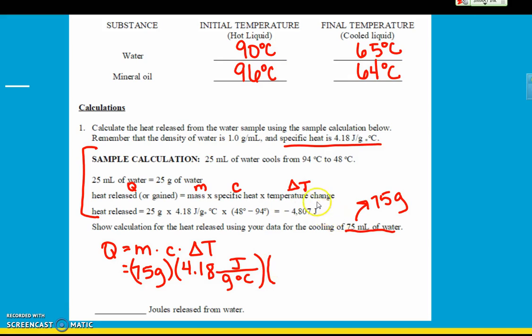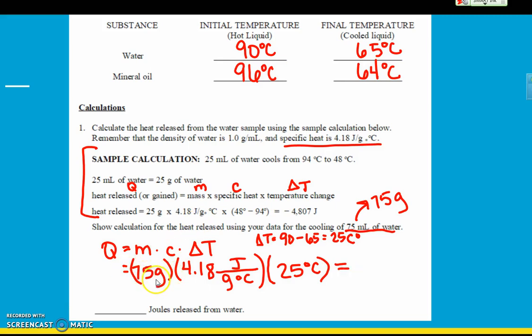And then our delta T is temperature change. And if you look at the data for water, it went from 90 down to 65. So if we were to subtract 90 minus 65, we get 25 Celsius degrees. And actually you can write it either way, degrees Celsius or Celsius degrees.